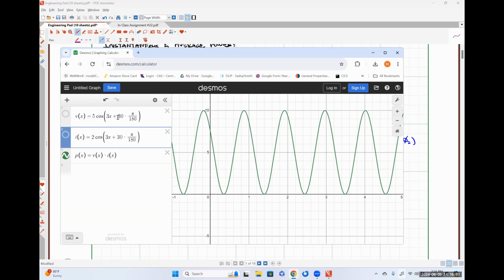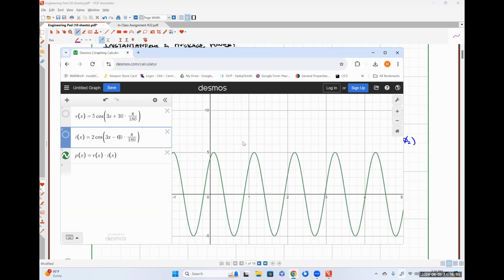What about an inductor? What's the relationship between the phase angle of the voltage and the phase angle of the current for an inductor? The current always lags the voltage, right? So the current always lags the voltage by exactly 90 degrees. So I'm going to make this phase angle negative 60.